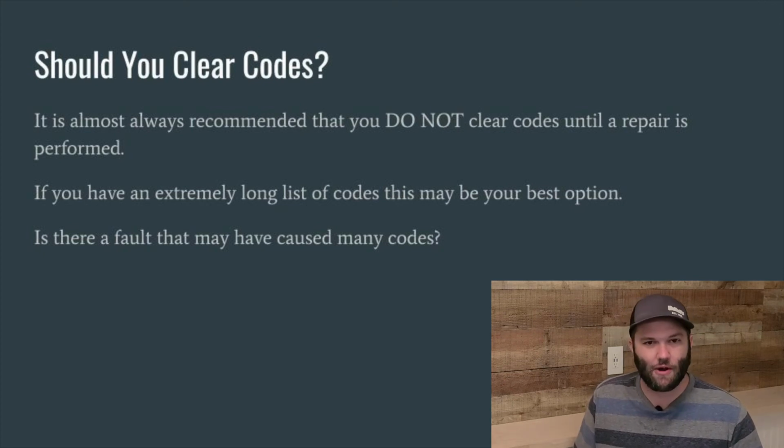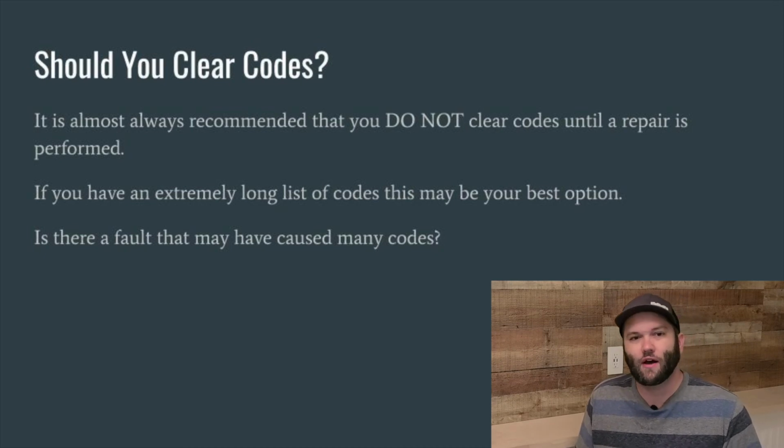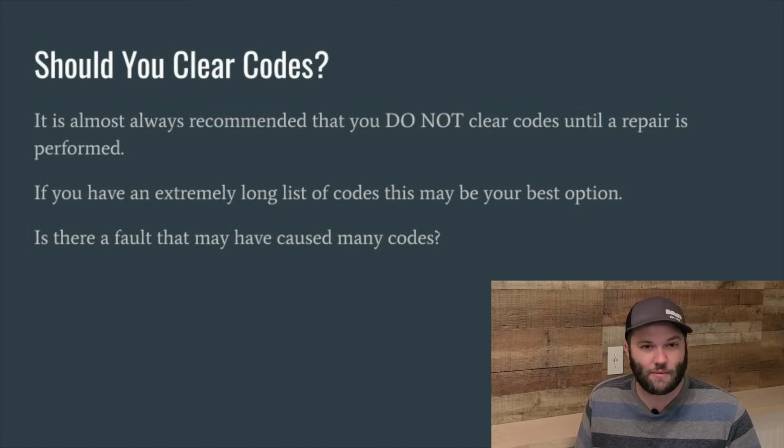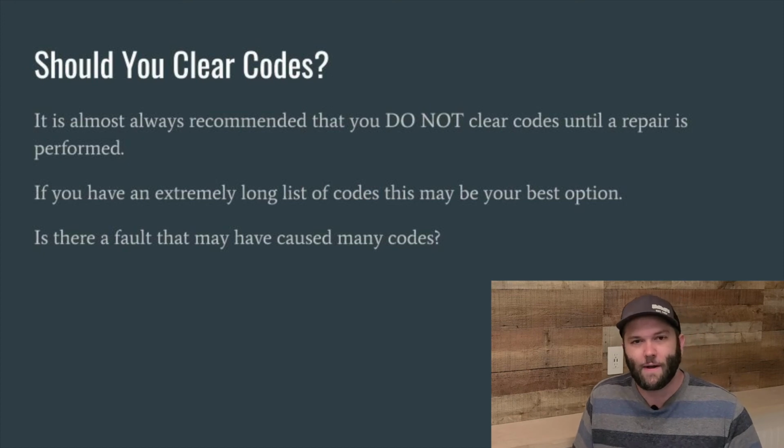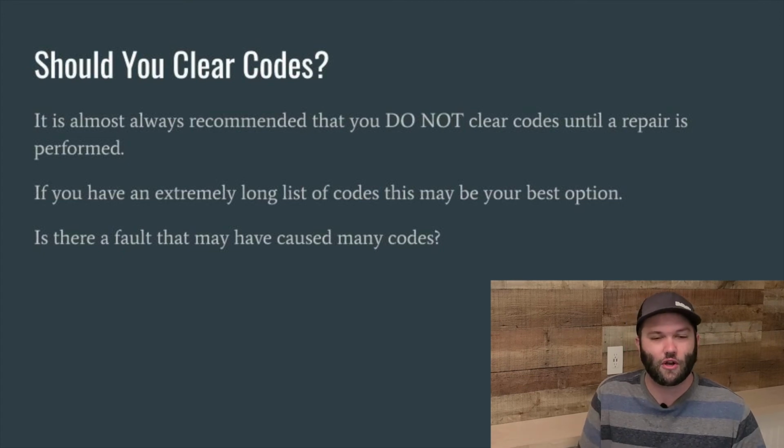Generally, the only time I recommend this with the laundry list type codes is if you have a lot of codes relating to something like a low voltage condition and you know that the customer's replaced the battery, or the shop you're at's replaced the battery, you've replaced it, or you know that the vehicle had to be jump started or something like that. That tells you most likely that caused many of these low voltage codes. Let's clear what we know has been repaired.